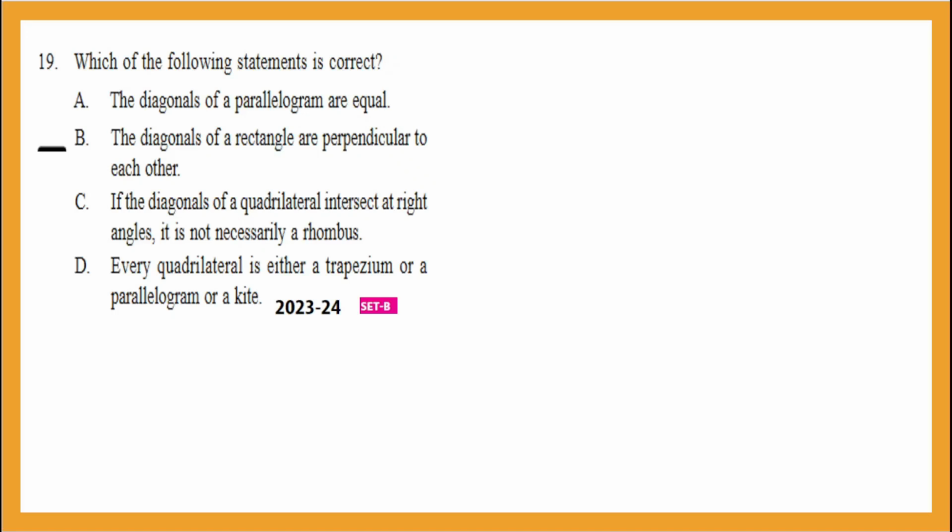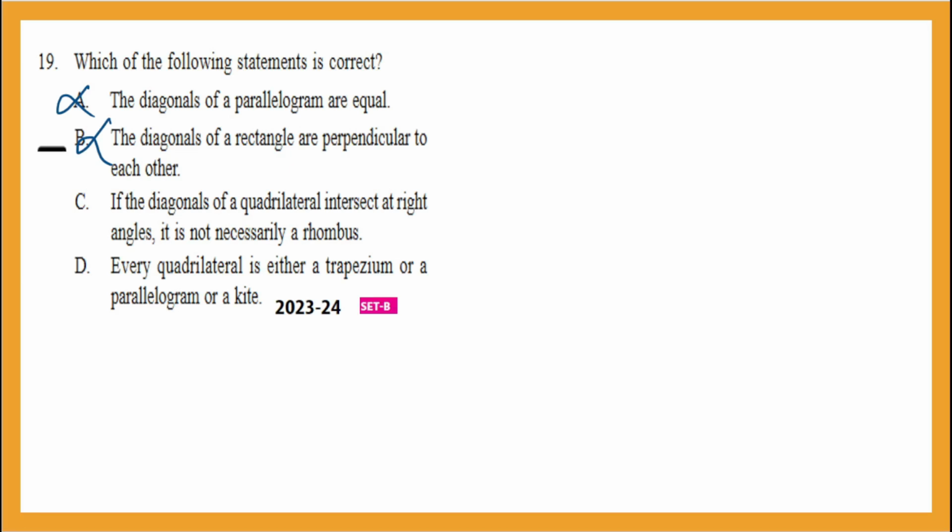Here 4 statements related to quadrilaterals are given and we have to find the true statement. For option A, the diagonals of a parallelogram are equal is not correct because we know that the diagonals of a parallelogram are not equal. Statement B is also incorrect as we know that the diagonals of a rectangle are not perpendicular to each other.